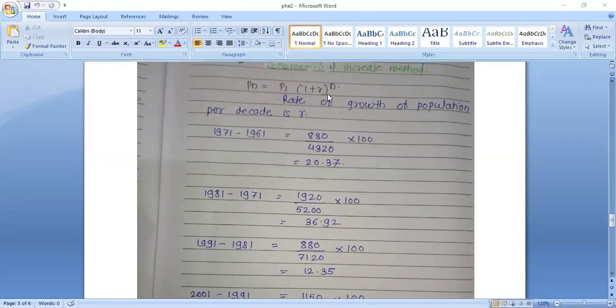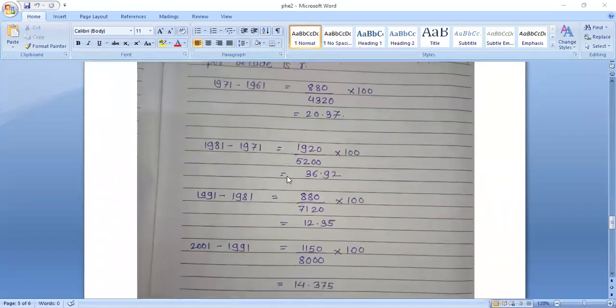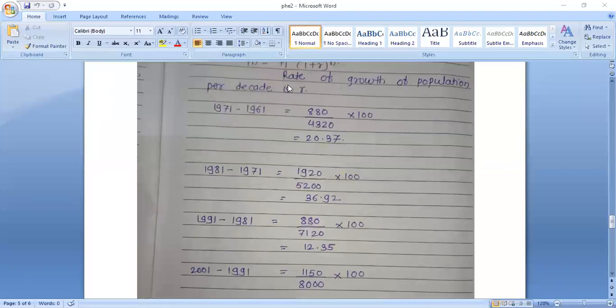Now in this formula, R indicates the rate of growth of population per decade. R is equal to rate of growth of population per decade. Now we first have to find out the value of R for every decade, that is for every 10 years.